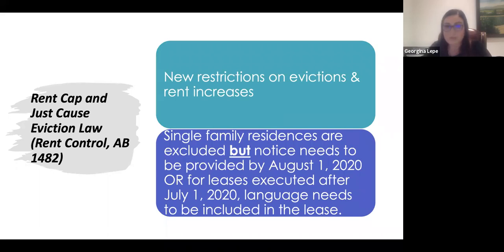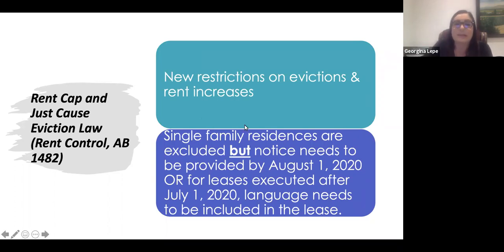For those of you that have a single family residence with an additional dwelling unit, that property is exempt so long as you as the owner reside in the primary residence. So anything a duplex and up, this new law applies to it.